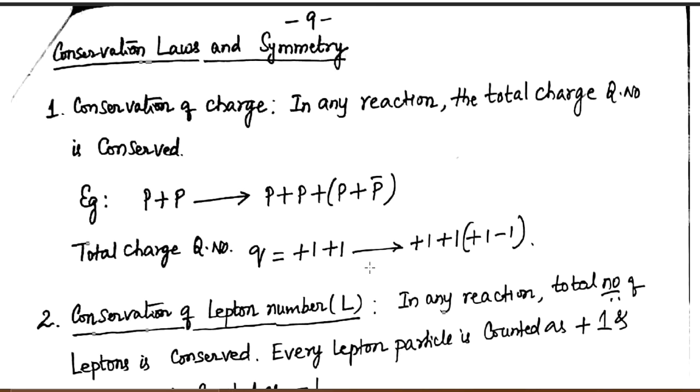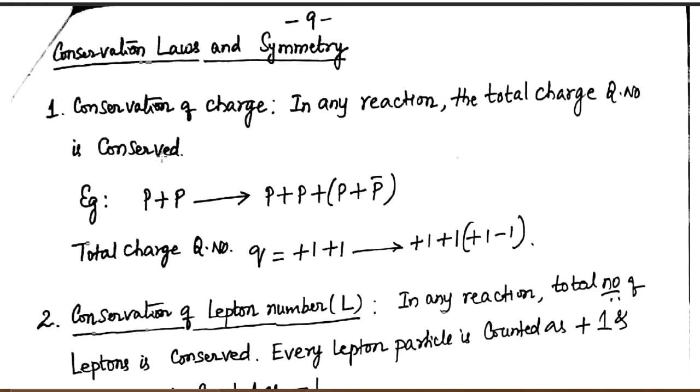Let us discuss the various conservation laws and the symmetries which hold good in nuclear reactions related to elementary particles. Number one, conservation of charge. In any reaction, the total charge, that is the quantum number, is always conserved.